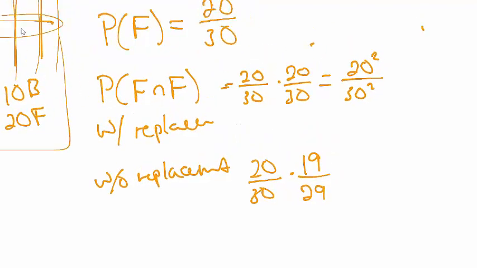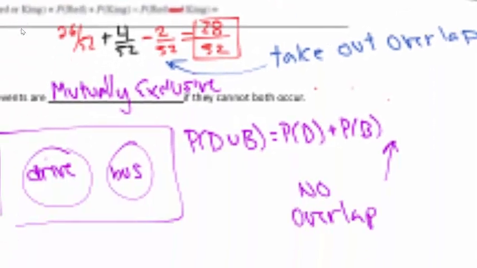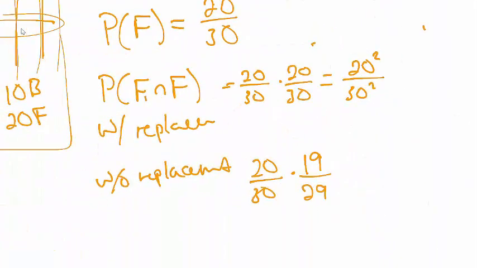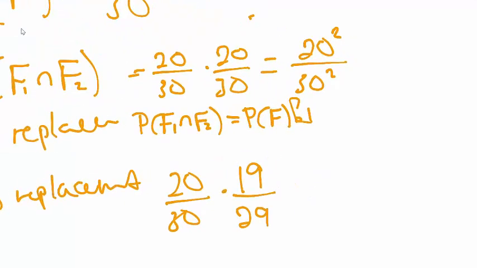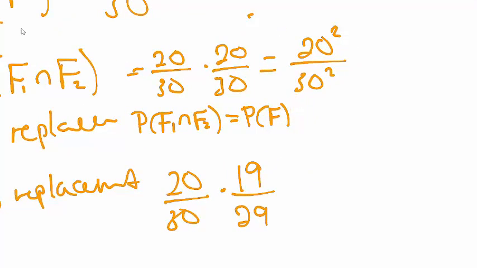If they're independent, I'm going to say this is girl 1 and girl 2. The probability of getting girl 1 and girl 2 when they're independent is just the probability of getting one girl times the probability of getting another girl. That means they're independent. You don't have to account for anything changed.